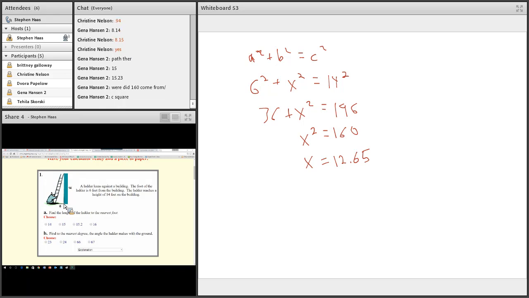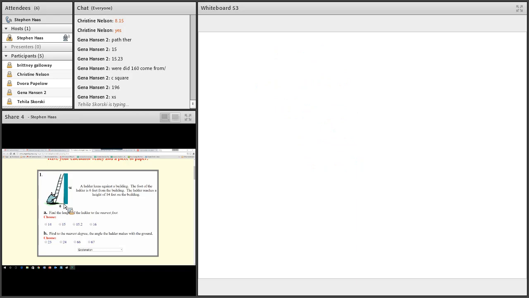What did I put as the hypotenuse? I put the wall as the hypotenuse. I put the 14 as the hypotenuse. What's actually the hypotenuse? The ladder's the hypotenuse, right? It should have been the ladder that's the hypotenuse, exactly.